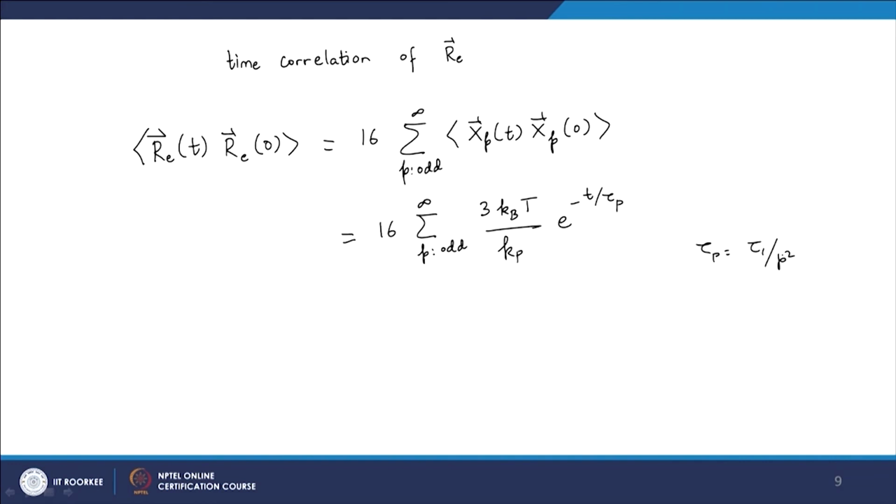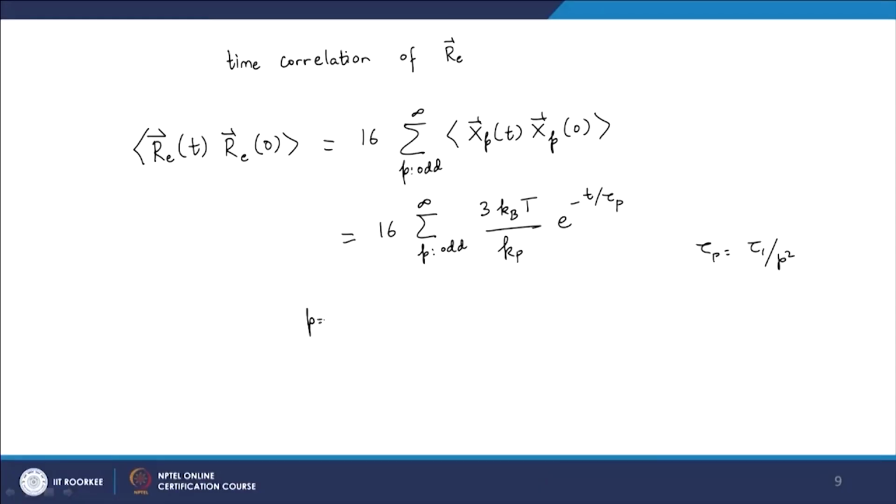So, now you can notice here that only the first term will be the one that will be dominant, because the exponential actually decreases as we go to progressively higher values of p. Let us say, for example, we go for p equal to 3, then we have exponential of minus 9 times what we had in the case of p equal to 1. So, exponential decay is very fast for higher values of p.